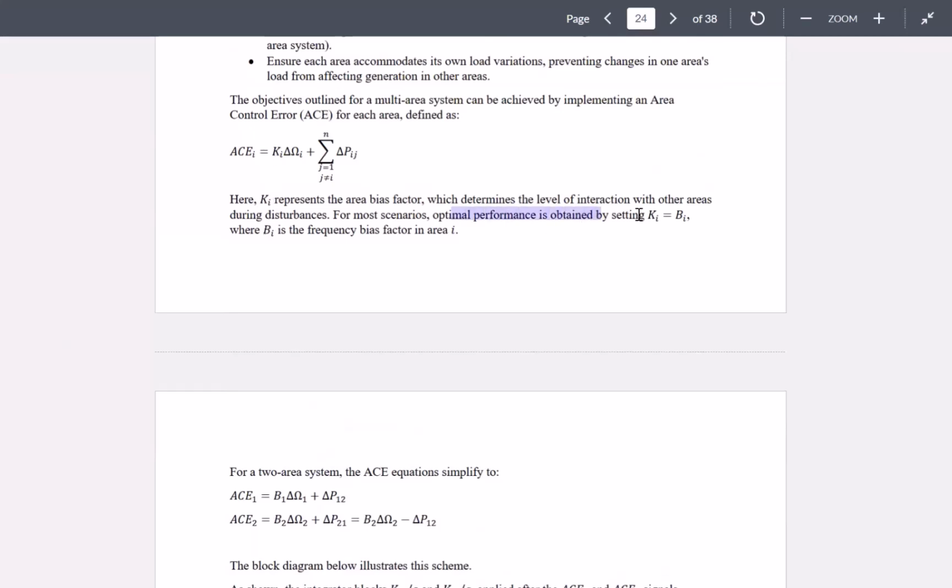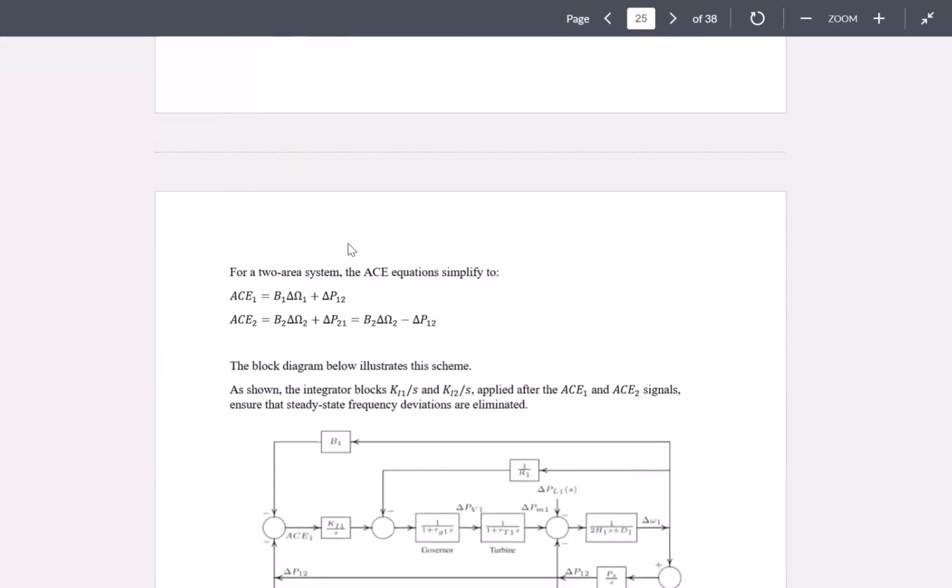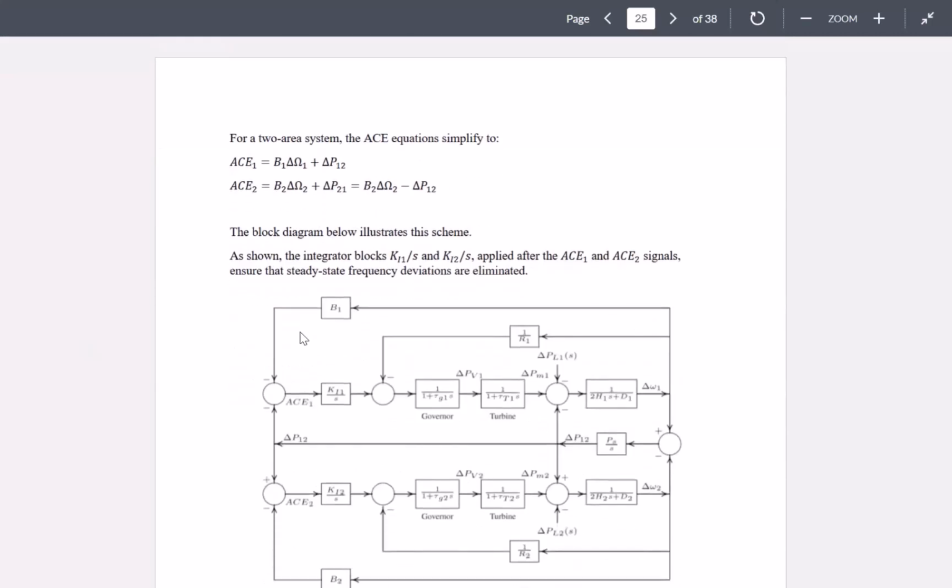It's been shown that if you choose that KI to be equal to BI, that would be the optimal case. So in summary, for the two-area system, ACE for area number 1 would be B1 times delta omega 1 plus delta P12, and ACE for area 2 is B2 times delta omega 2 plus delta P21, which is the same as minus delta P12.